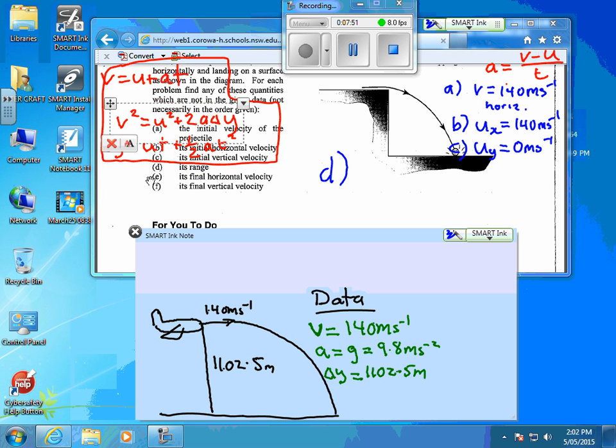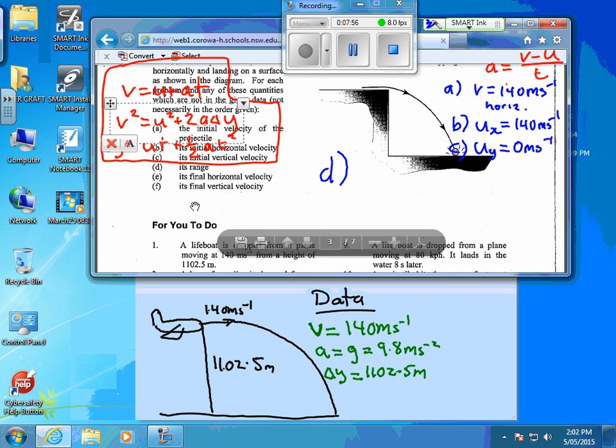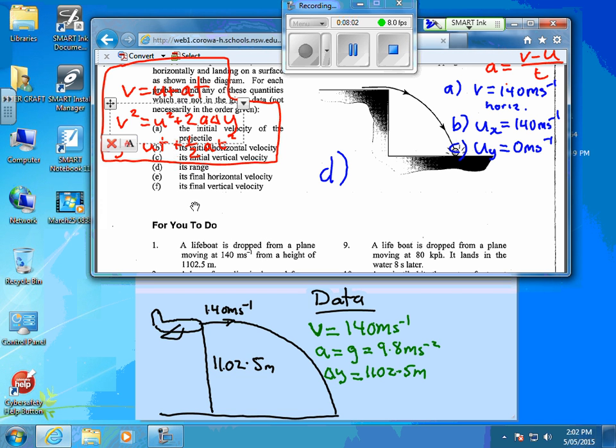What you can see is that one has time in it: the distance travelled equals ut plus half at squared. This one, v squared equals u squared plus 2ay, I could use to find out the distance travelled without involving time. But it's a little bit more subtle than that.